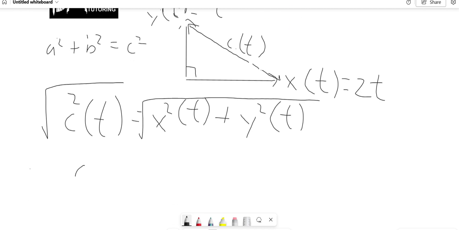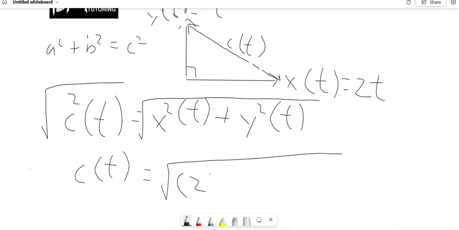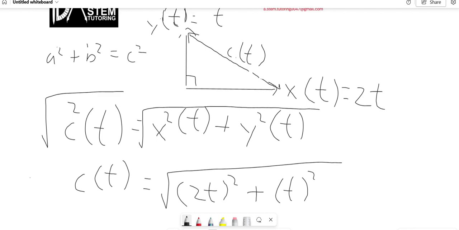And this tells us c of t, the distance that these two angry lovers are apart from each other at any given time t after they've slammed the doors and walked away, equals the root of (2t) squared plus t squared, where I've replaced x of t and y of t with their respective expressions that I can see from this diagram.